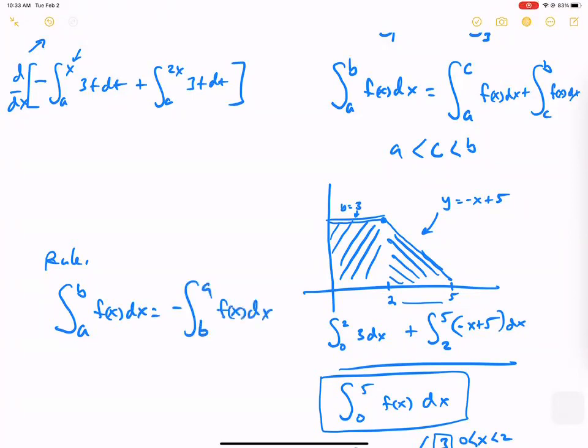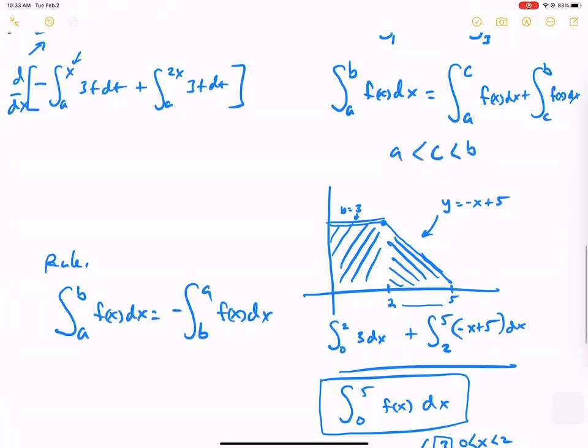If you ever want to spin around your a and b values, you can, you just have to put a negative in the front. It will give you the same exact answer except there's a negative. So that's what I did here. I spun it around with a negative sign.